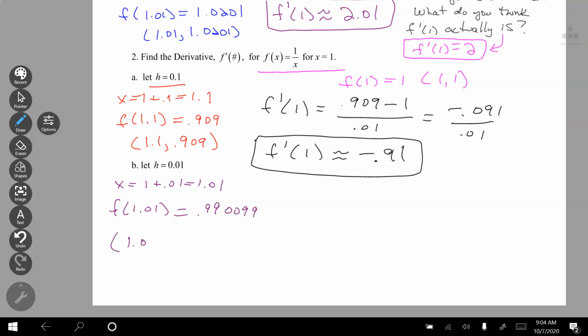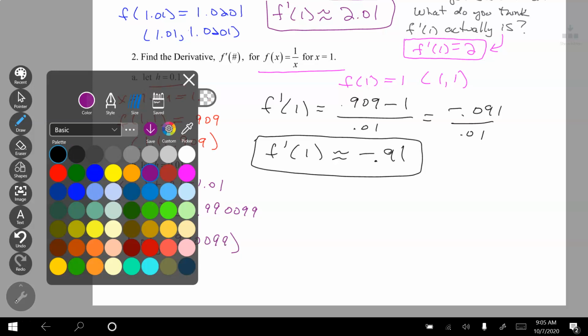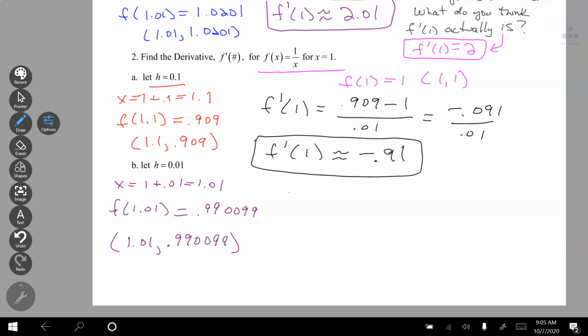So I'm using 1.01, 0.990099 as my points. So f prime of 1 is equal to 0.990099 minus 1 over 0.01, and that is equal to negative 0.009.